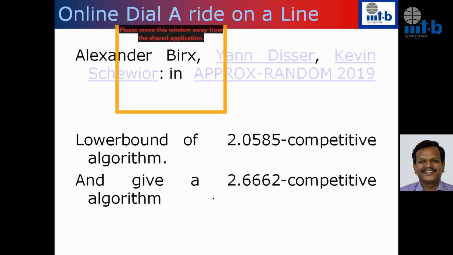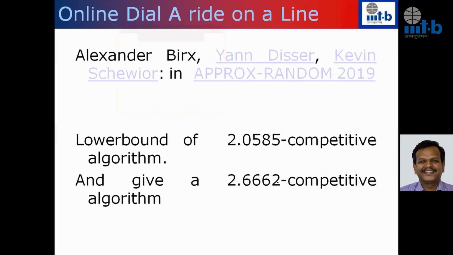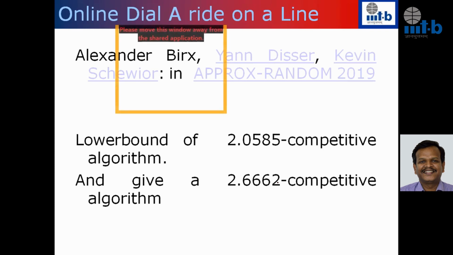What they have shown is the lower bound for dial-a-ride on a line, and here we only consider the open case, is 2.05, which is different from 2.04, right? So the complexity of solving TSP is different from the complexity of solving the dial-a-ride problem. This is the first result which separates the online dial-a-ride problem from the online TSP problem.